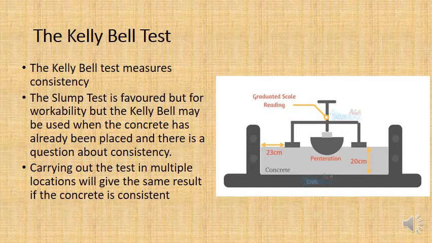Now, if it's very runny, it's going to have a big penetration. If it's very stiff and thick and would have a low slump, low workability, then it's going to have a small penetration. Now, I've put a video of the Kelly-Bell test on Moodle for you to look at.